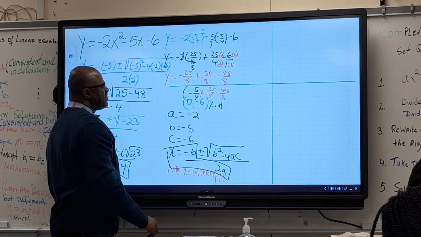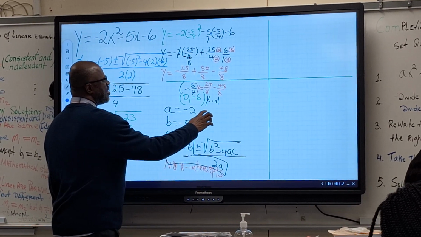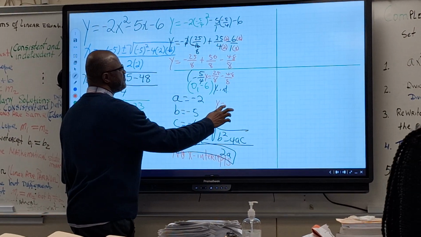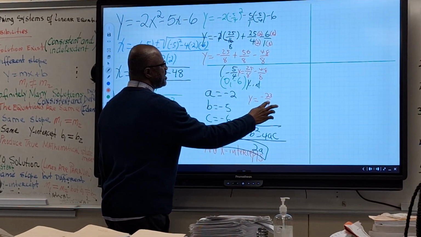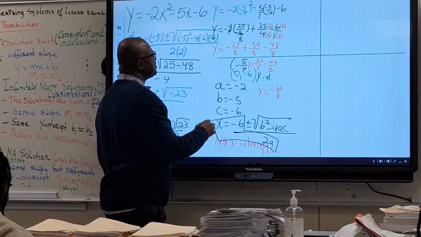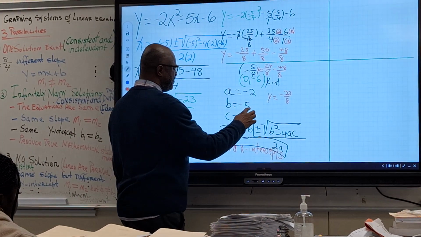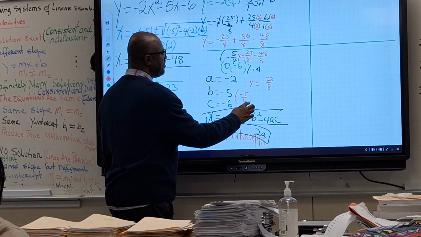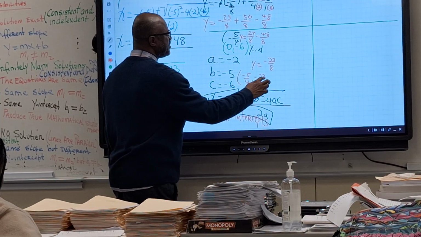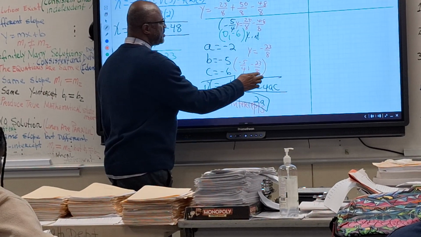That will give me y is negative 23 over 8. This is nasty numbers. So my entire vertex will be (-5/4, -23/8).